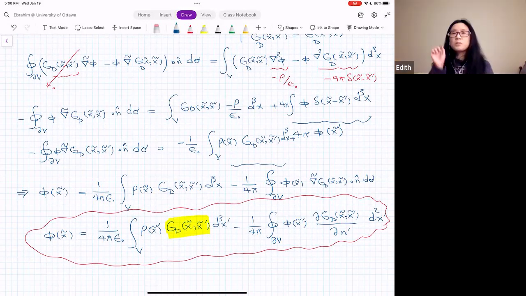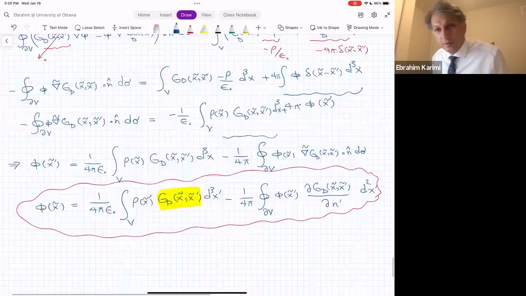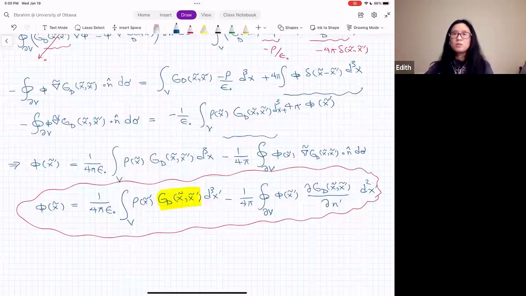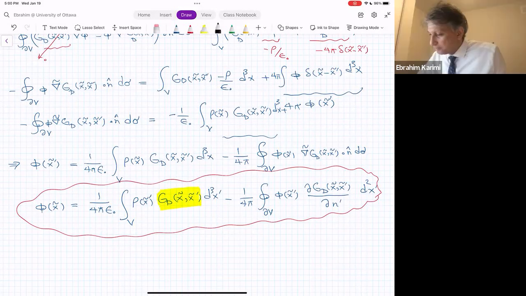Could you quickly explain what happened to the normal when you did a change of variables? I don't understand why it became a fraction. You have it as over del n prime. I don't understand what happened there. So this is a mathematical formalism that people use.